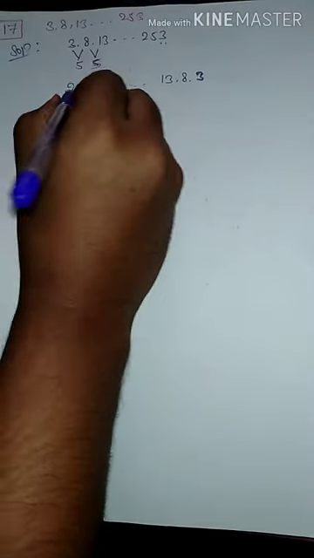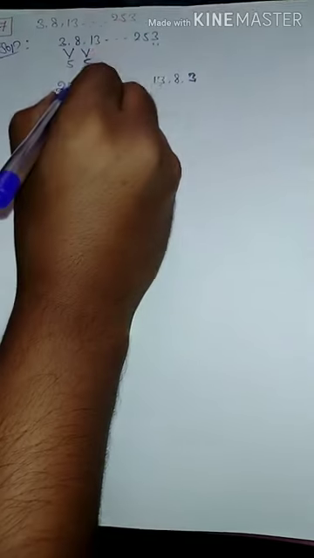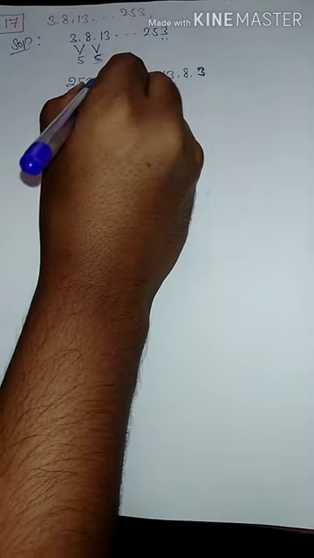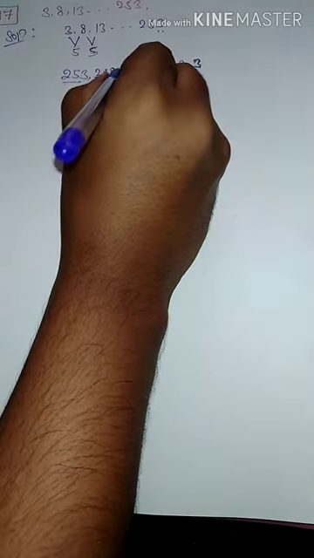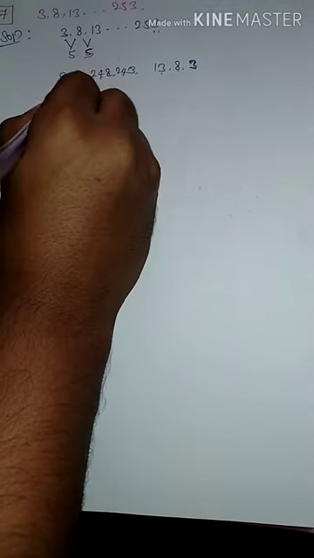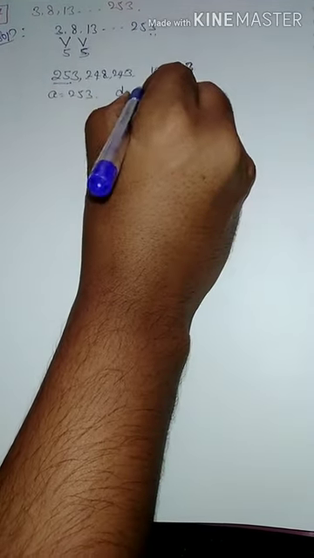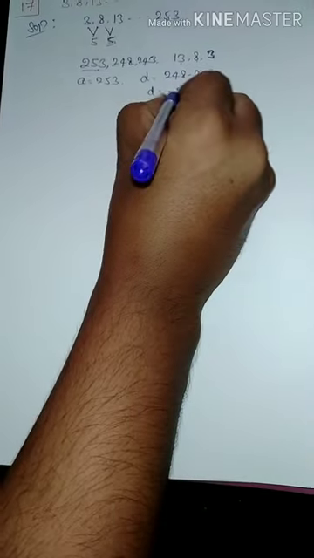Now 253 is the first term, and see here 13 minus 5 is 8, 8 minus 5 is 3, like that 253 minus 5 is 248, and 248 minus 5 is 243. So here the first term is 253 and the common difference D is equal to T2 minus T1, that is 248 minus 253, D is equal to minus 5.